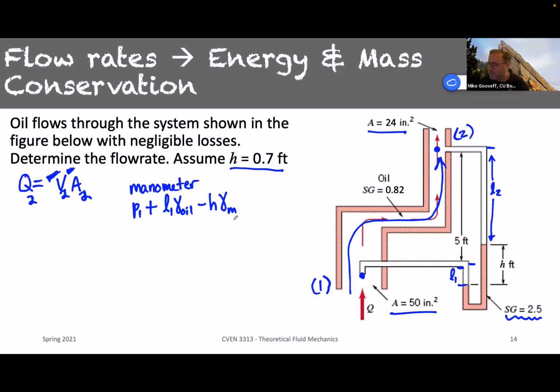And then if we go up to get me equivalent with the elevation at point number 2, I'm going to subtract again. Now I've got an L2 length multiplied by gamma of the oil, and that essentially equals P2. Okay, so there's manometry, as we've done before. So that's a relationship we'll work with here to relate everything to H.